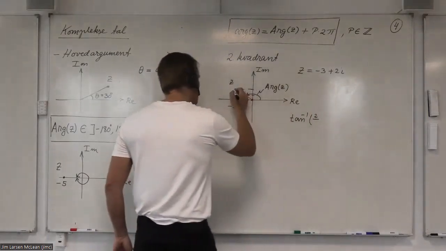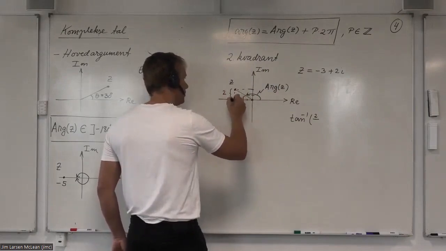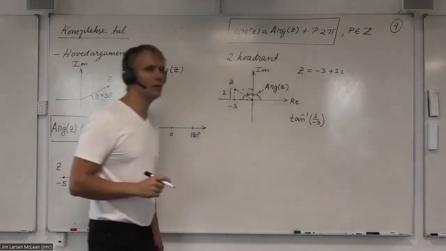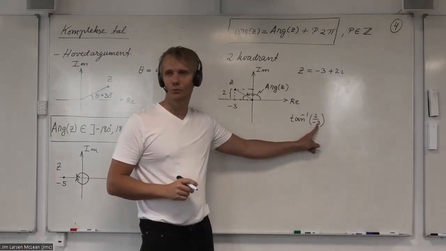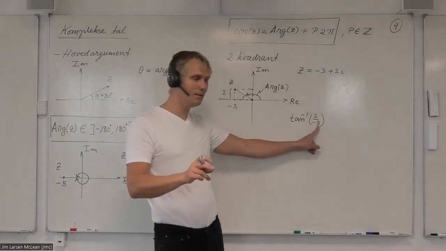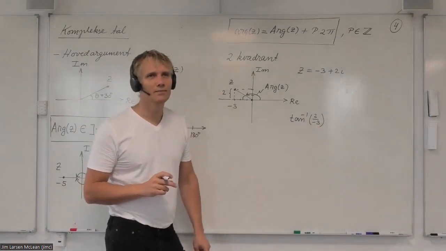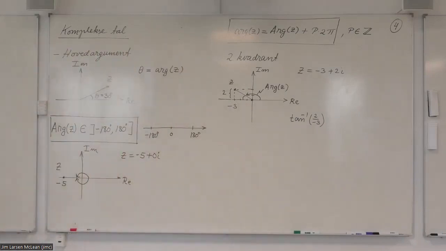I need to take the opposite divided by the adjacent, negatively, and this distance is 2, so 2 divided by -3. What happens if I do this? Well, I take the inverse tangent of something negative. If you take your calculator and set it to calculate in degrees, and then take the inverse tangent of something negative, try to see what it gives. I can just take mine and do it and read it out loud for you.